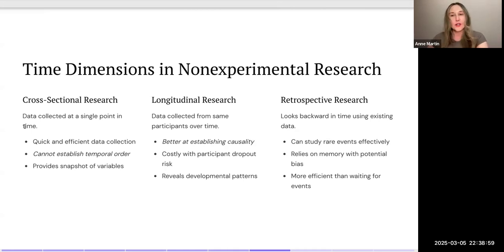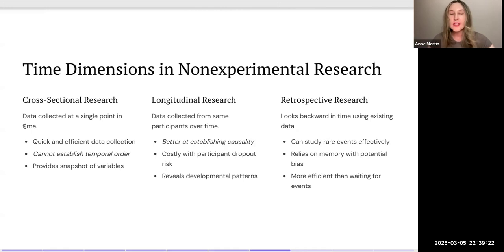Then we have retrospective research, where data are collected at a moment in time. However, the participant is producing or reporting retrospective data as well. And so this can be really useful when you are looking at something rare and maybe it's more challenging to sample and find participants currently undergoing this phenomenon.